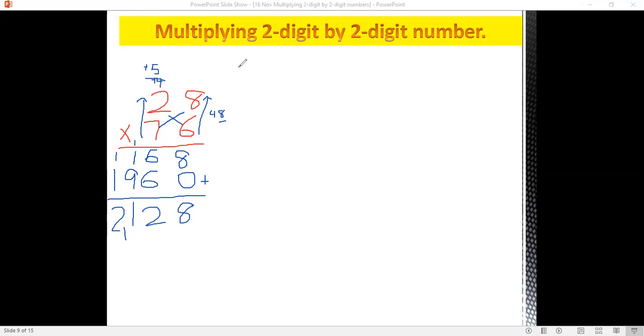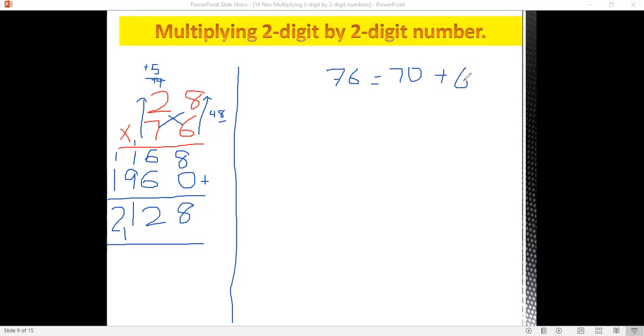Let's try the other method. Okay, let's see. Make sure that we will check by using this method. So let's split first. Let's partition 76. 76 will give us 70 plus 6. All right.